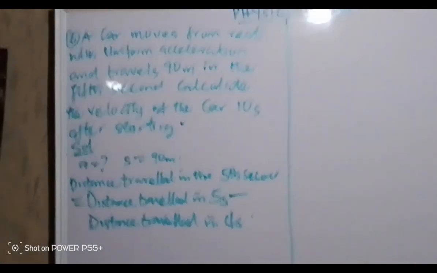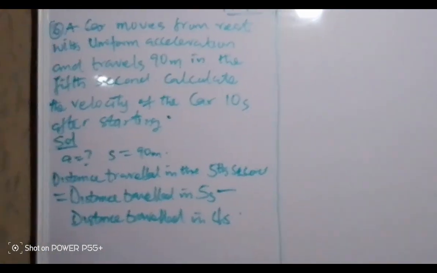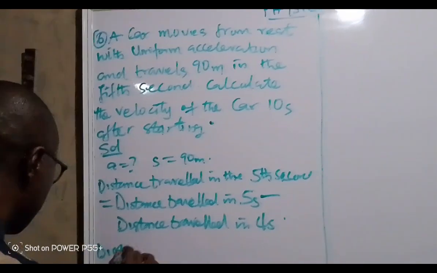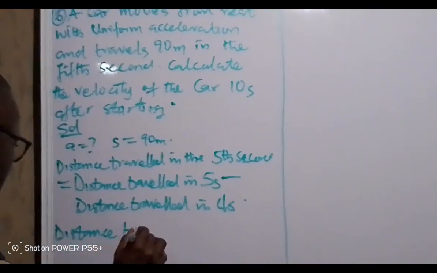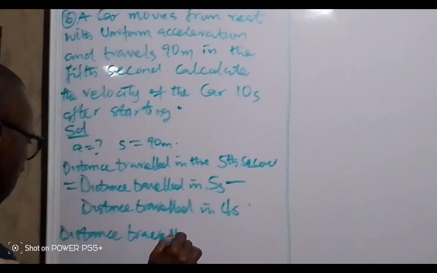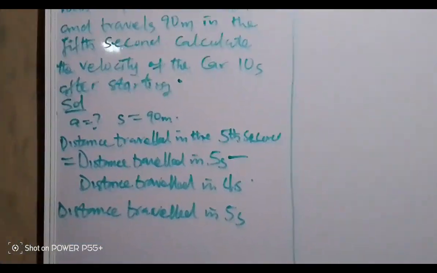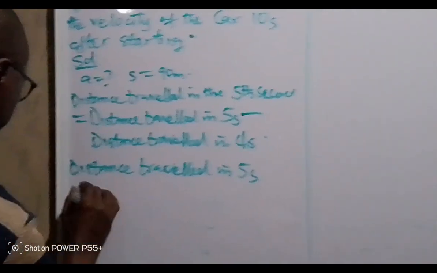Let's calculate the distance traveled in 5 seconds. Under this one now, time is 5 seconds. t is equal to 5 seconds.